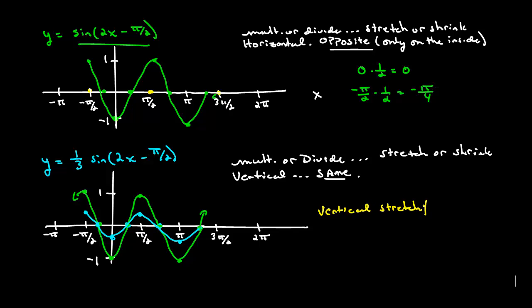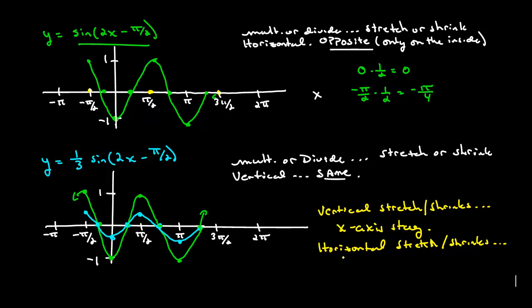Horizontal, now this works for all types of graphs, not just for the trig functions. Horizontal stretches and shrinks, the only guys that stay the same are the guys on the y-axis.